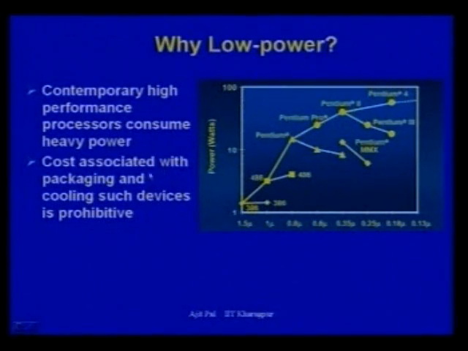And obviously, the cost associated with packaging and cooling of such devices is prohibitive. That means whenever heat is dissipated, you have to take the heat out of the chip, otherwise it will fail. So packaging and cooling is very important. In our institute, we had a mainframe computer, Cyber, a Russian computer.